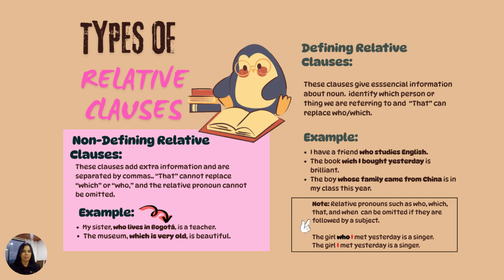I have a friend who studies English. Who studies English gave us more information about the friend. The book which I talked about yesterday is brilliant. Which I talked about yesterday tells us which book we're talking about.